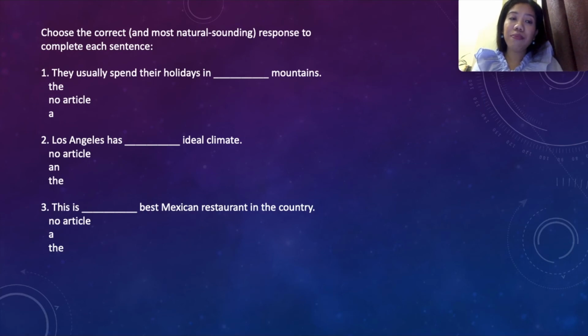Number 1, they usually spend their holidays in the, no article, a, mountains. Number 2, Los Angeles has no article, an, the ideal climate. Number 3, this is no article, a, the best Mexican restaurant in the country.